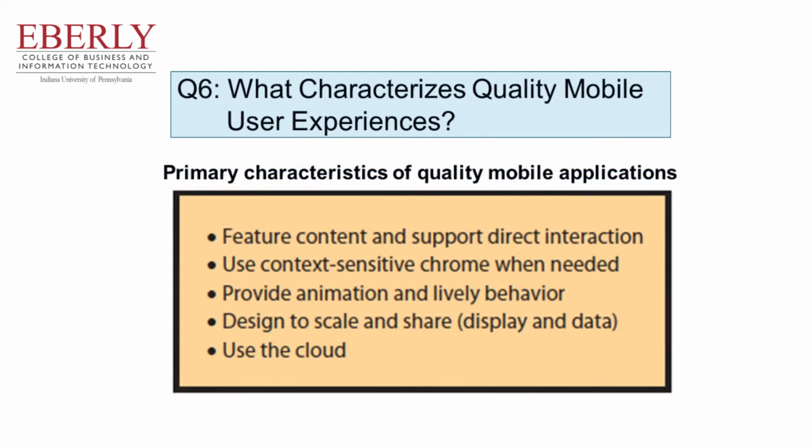Figure 4.18 lists the primary characteristics of a quality mobile user experience. They are: 1. Feature content and support direct interaction. 2. Use context-sensitive chrome when needed. 3. Provide animation and lively behavior. 4. Design to scale, either display or data. 5. Use the cloud.